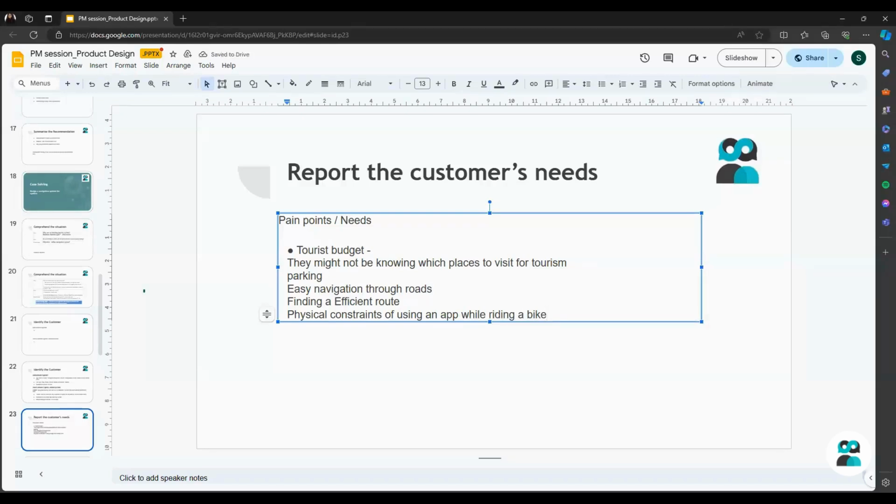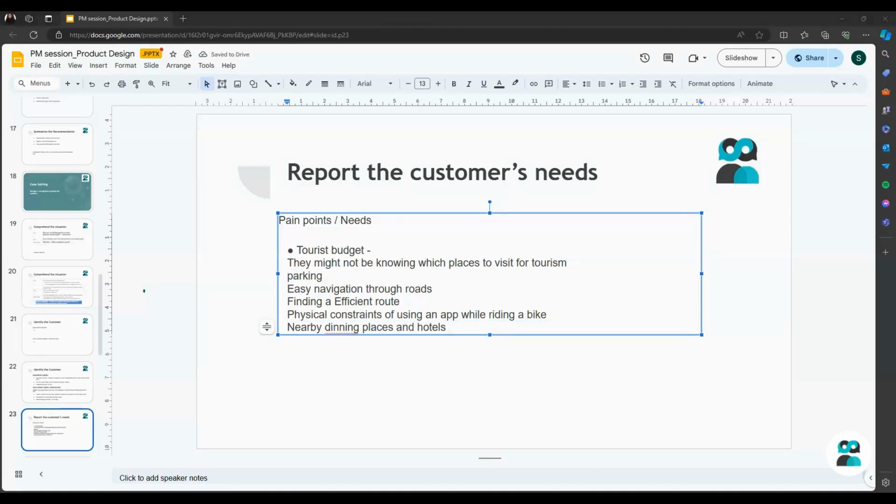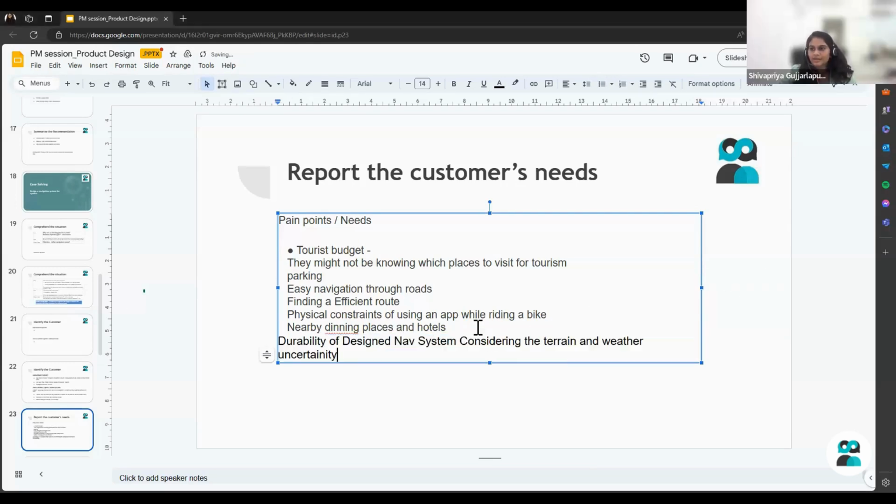So I need to have some sort of a holder within the bike, so that I can place my mobile on it and follow the route. Absolutely. That's a great point, which is quite empathetic. I love it.